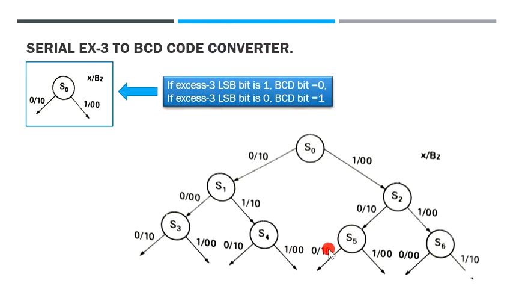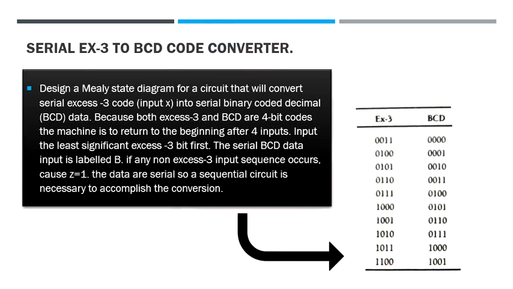truth table of the XS3 to BCD conversion. From the truth table, when we were looking into the LSB, from 1 to 0 there was a transition, from 0 to 1 there was a transition, and this pattern was repeating itself.